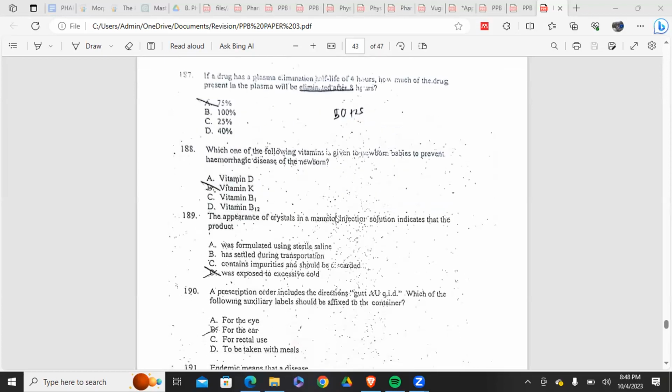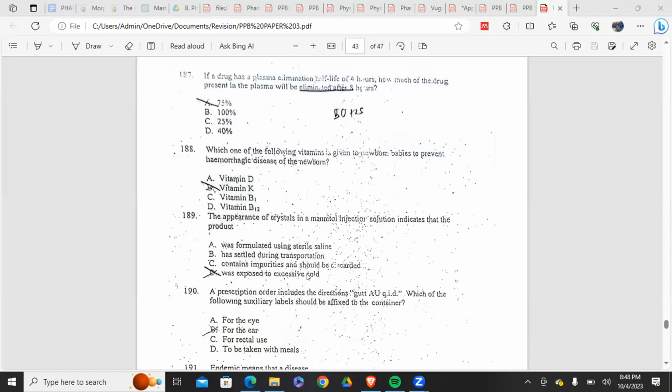The appearance of crystals in a mannitol injection solution indicates that the product was formulated using sterile saline, has settled during transportation, contains impurities and should be discarded, or was exposed to excessive cold. I think it's cold.